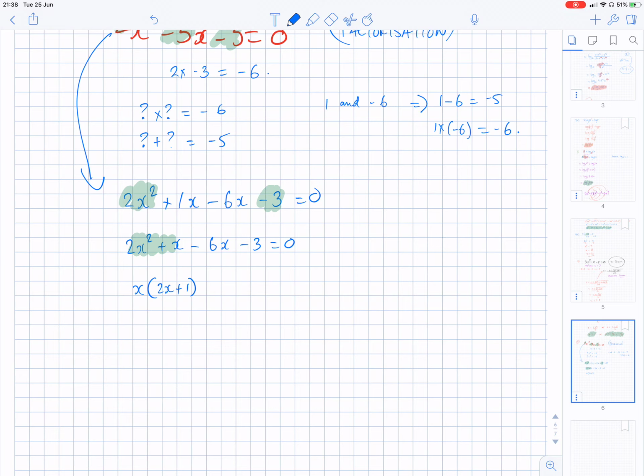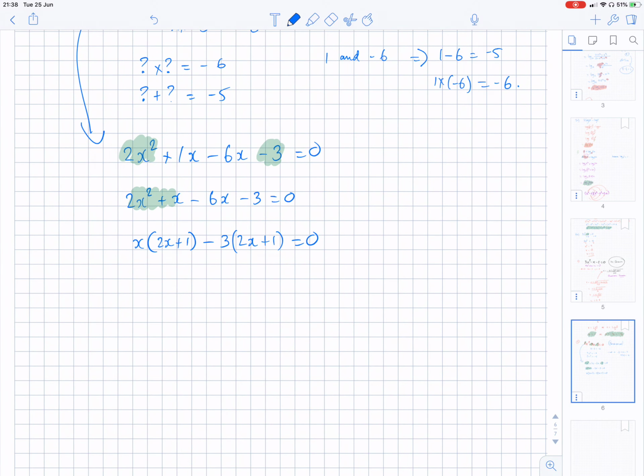Then minus 3 can come out, and this becomes 2x plus 1 again equals 0. Then we've got 2x plus 1 twice, which we factorize again.